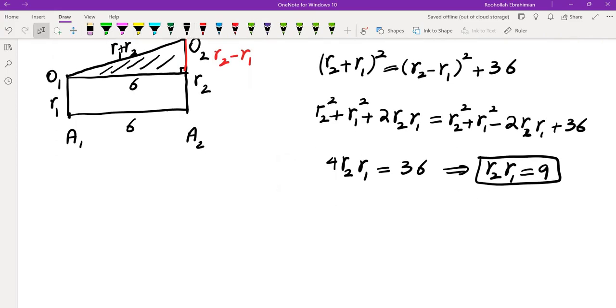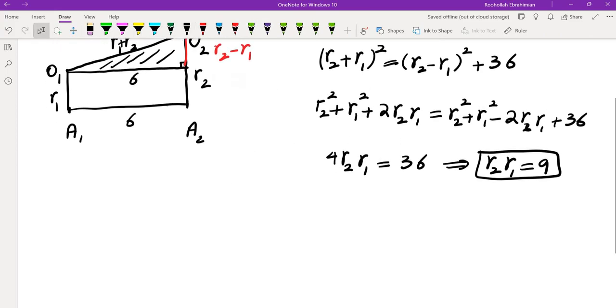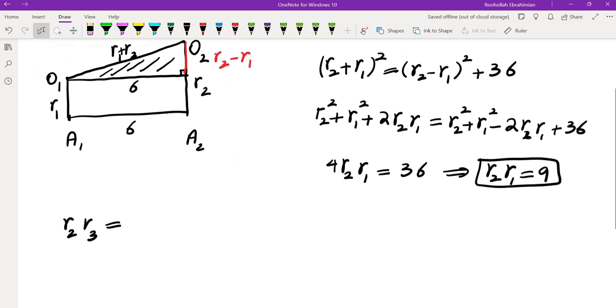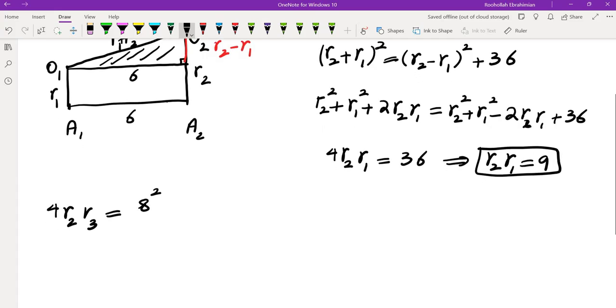Now, if we do the exact same thing for the other two, we get R2 R3 equal to, with the other side being 8 instead of 6, 8 squared over 4, so R2 R3 is equal to 16.